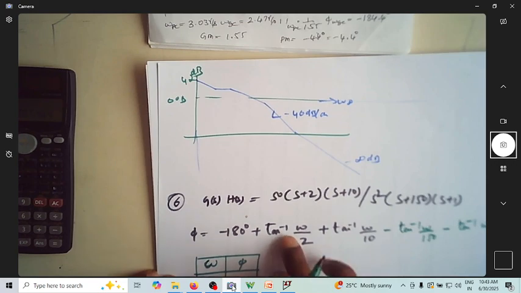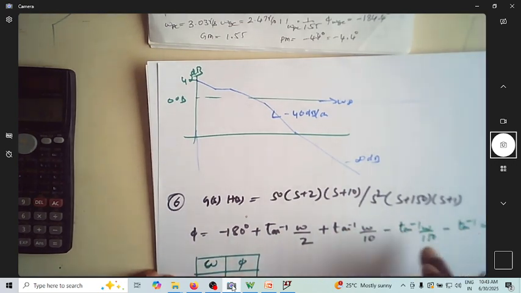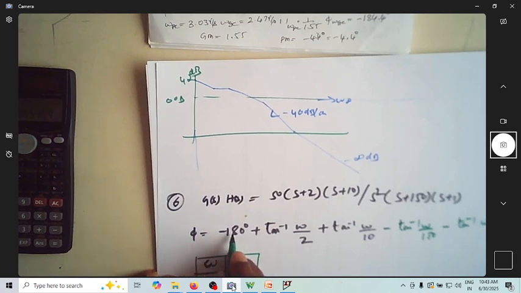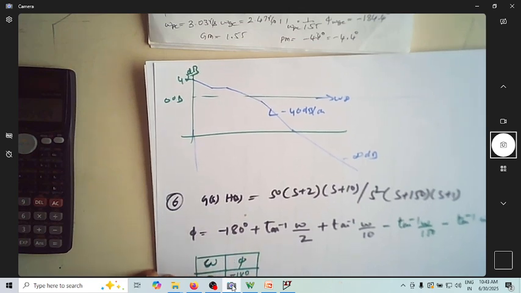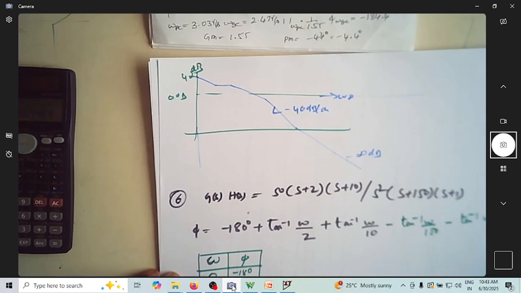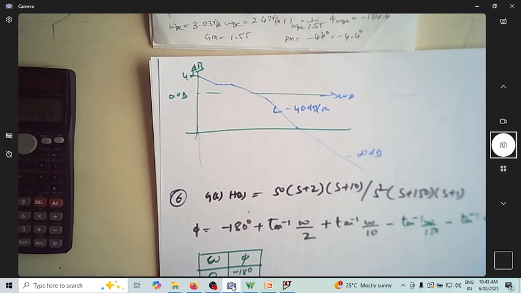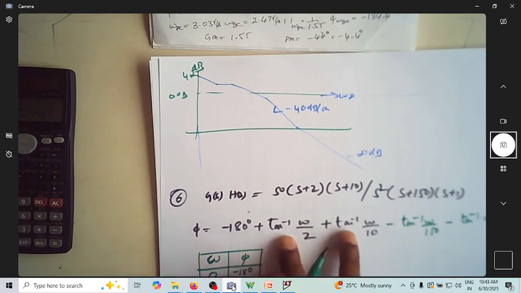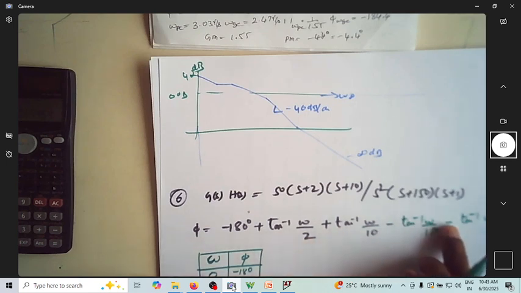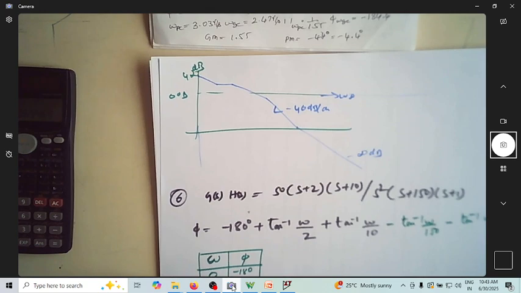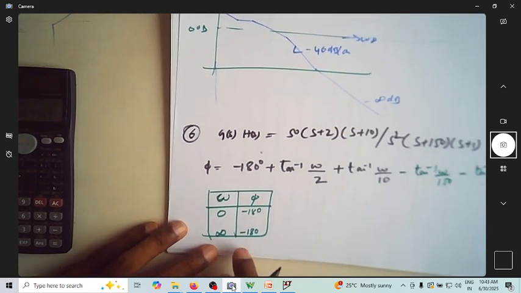When omega is 0, all the tan inverse terms contribute 0, so now it is minus 180 degree. How about infinity? It is plus 90, plus 90, minus 90, minus 90. These will cancel off, and you will again get minus 180.